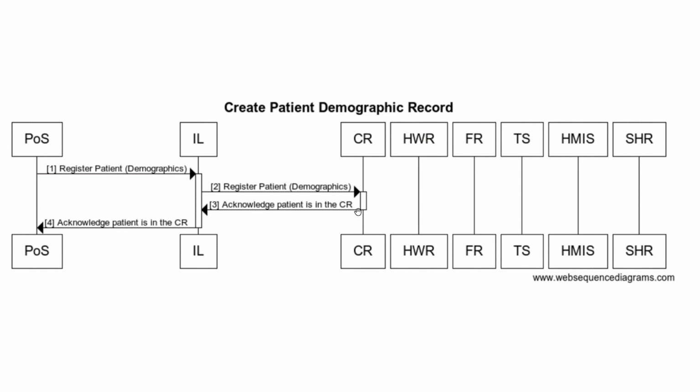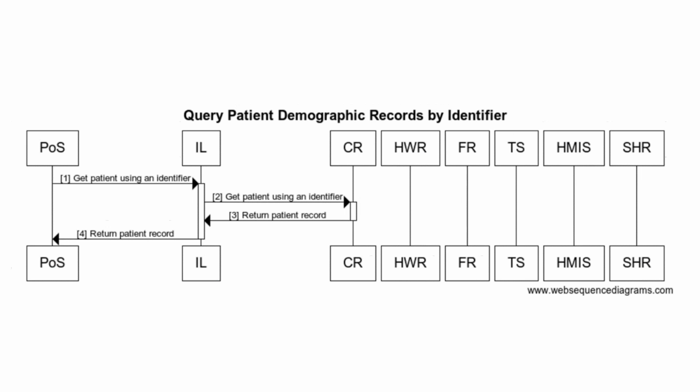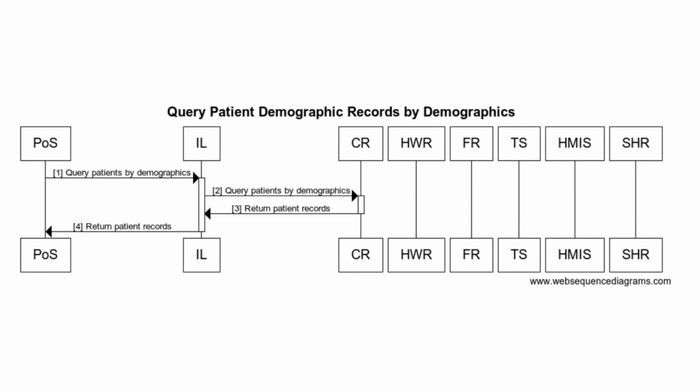Once saved, it will send an acknowledgement that the patient is already in the client registry, and then the interoperability layer will acknowledge that the patient is indeed in the client registry.